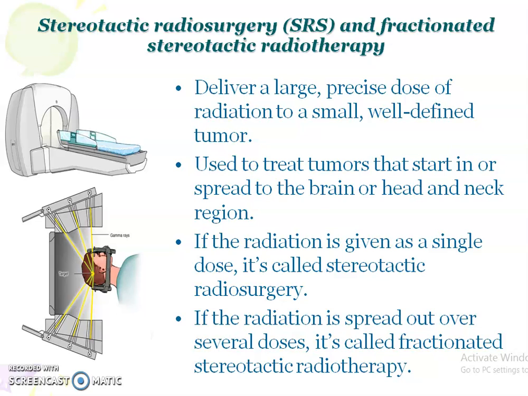If the radiation is given as a single dose, it is called stereotactic radiosurgery. When the radiation is spread out over several doses, that is, when you divide the whole dose into small doses, it is called fractionated stereotactic radiotherapy.